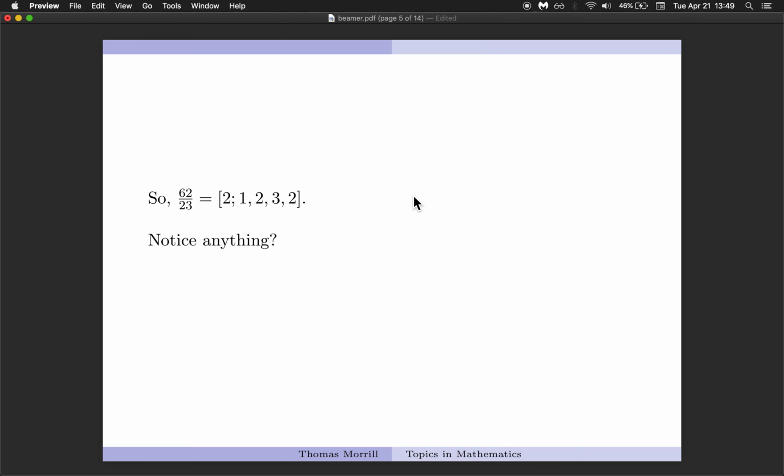Now, there's something that you might have noticed already, that the steps I'm taking and the logic that I'm using are actually the steps of an algorithm that we've already used in this class.